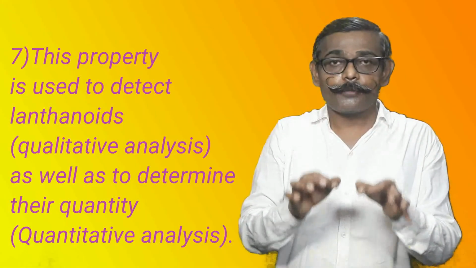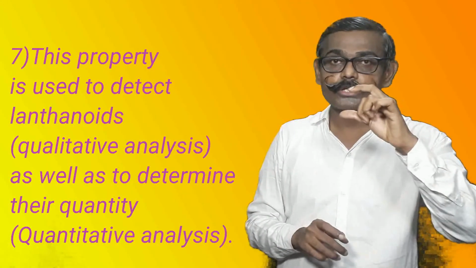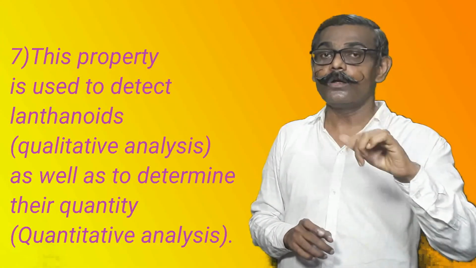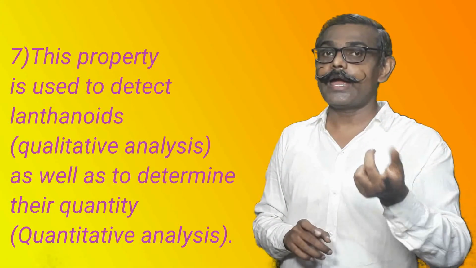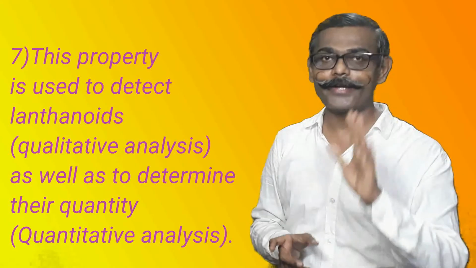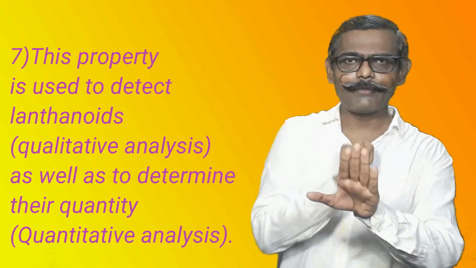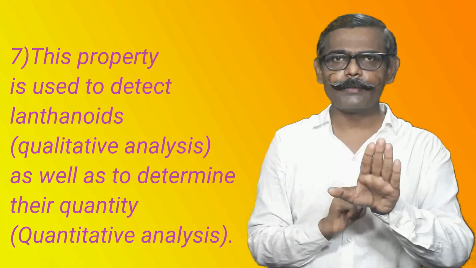Now point number 7, this tendency of lanthanoids to show sharp absorption is used for qualitative as well as quantitative analysis of lanthanoids. Qualitative means finding whether it is samarium plus 3 or terbium plus 3.